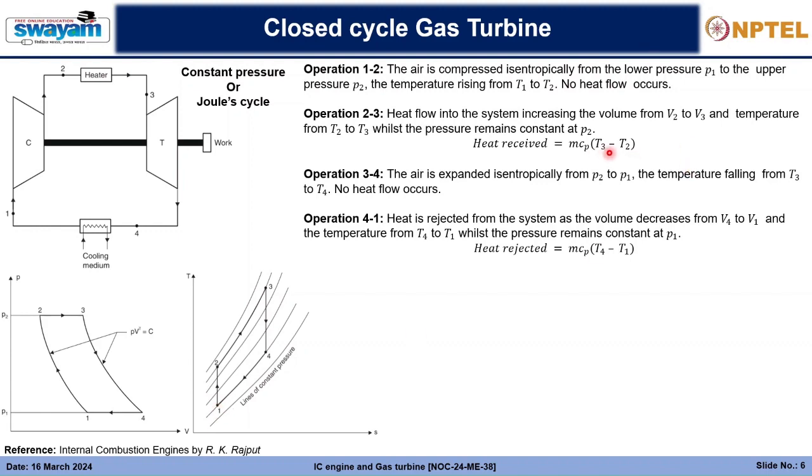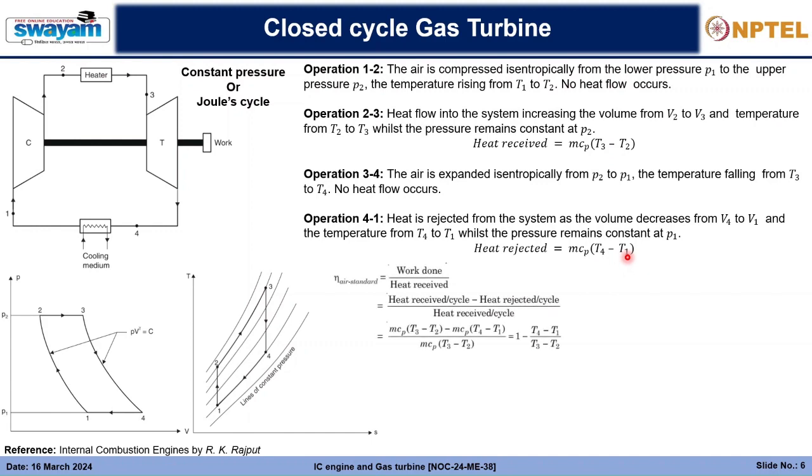So the heat received is m Cp (T3 minus T2), and the heat rejected is m Cp (T4 minus T1). So the net work done is heat received per cycle minus heat rejected per cycle.